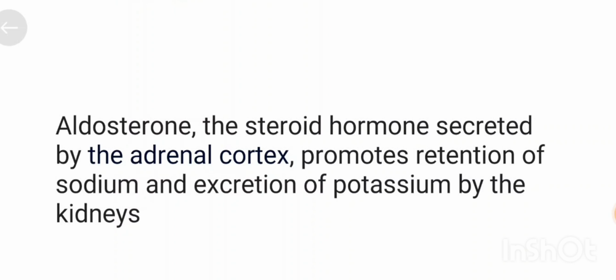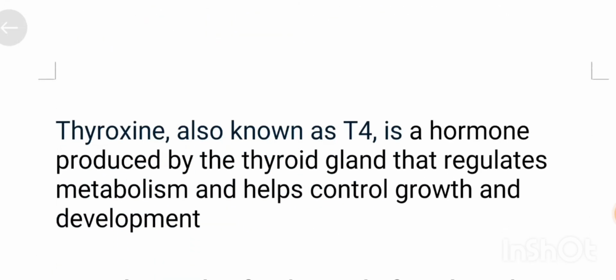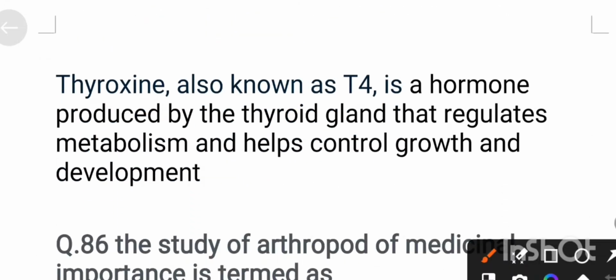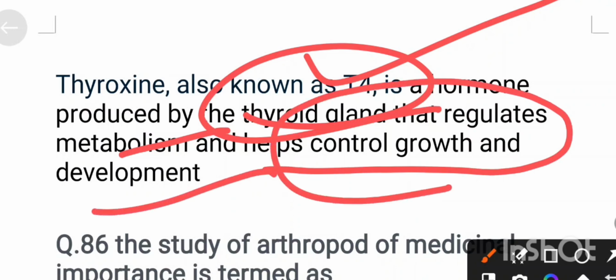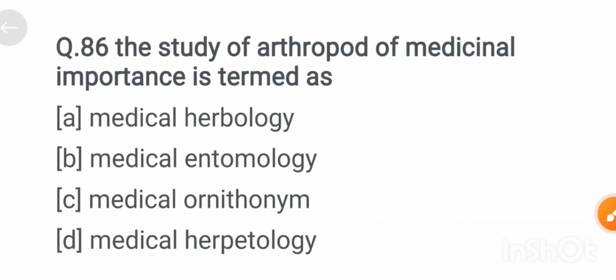Next question. Thyroxine, also known as T4 hormone, is produced by the thyroid gland and regulates metabolism and helps control growth and development. Next question. The study of arthropods of medicinal importance is termed as: option A, medical herbology; option B, medical entomology; option C, medical ornithology; option D, medical hepatology.